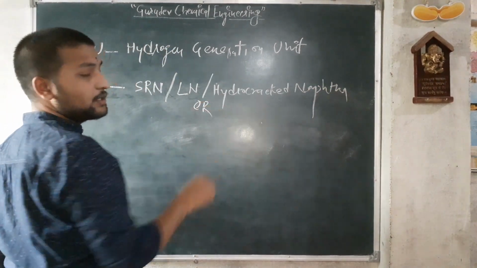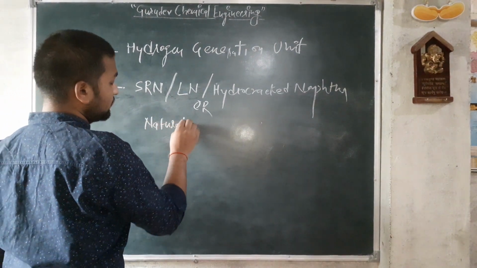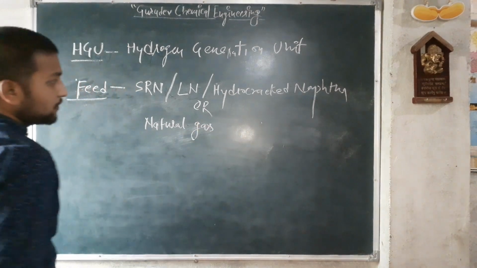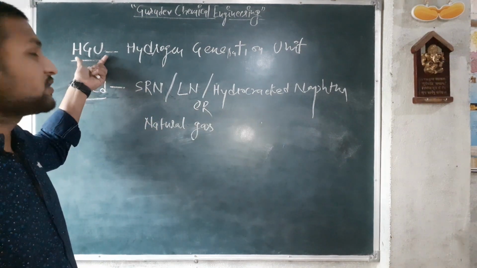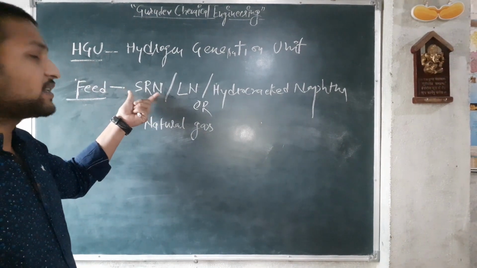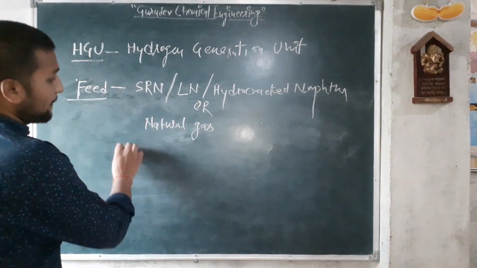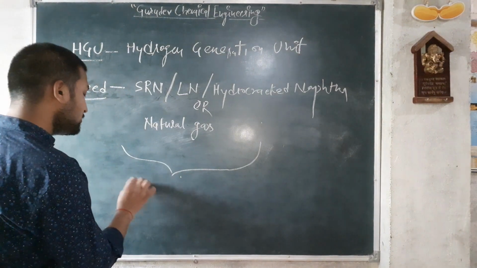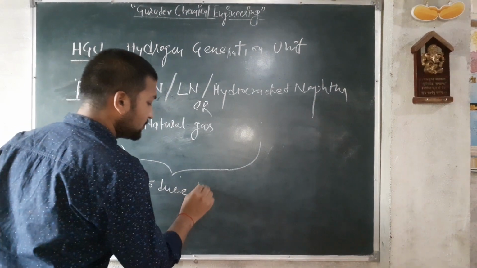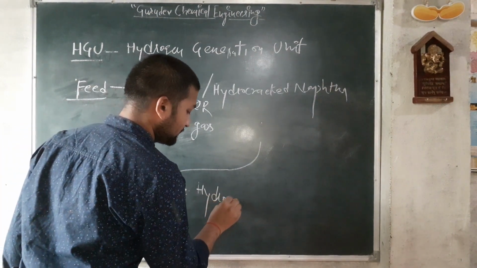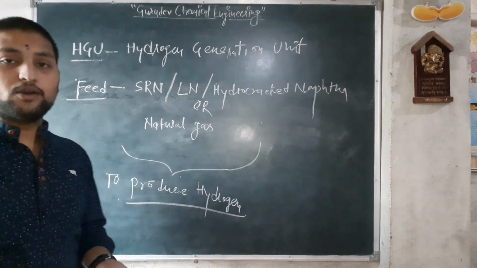Or we can also use natural gas. So this is the feed of the hydrogen generation unit, that is straight run naphtha, light naphtha, hydrocracked naphtha or natural gas to produce hydrogen.